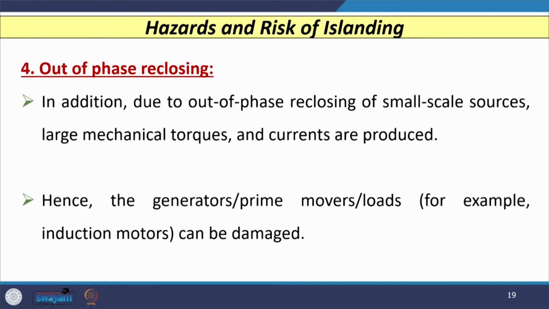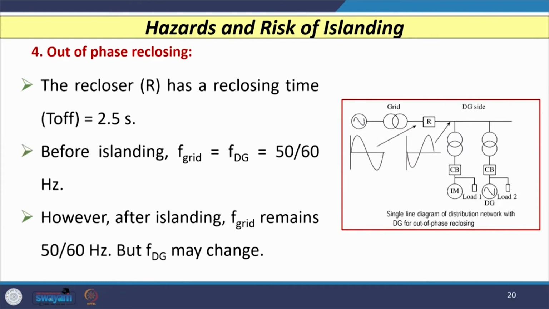Due to out of phase reclosing of small scale resources, that is DR or distributed generators, there are chances of the production of mechanical torques and heavy currents are induced, and because of that your generators, maybe your loads, for example induction motors, may get damaged. Let us see how this is possible.